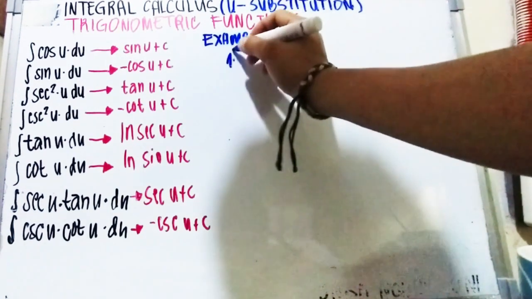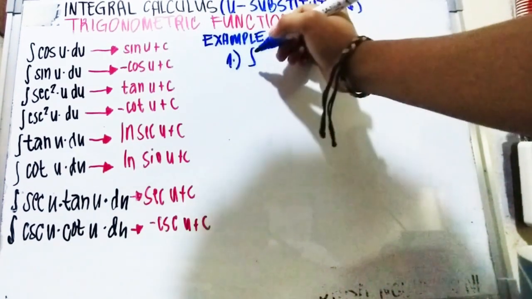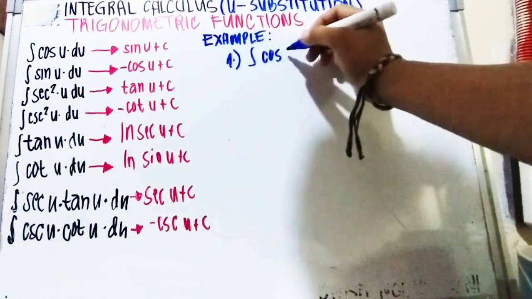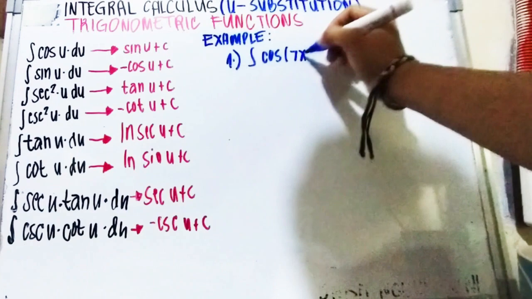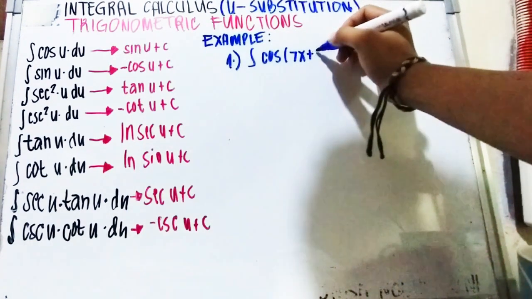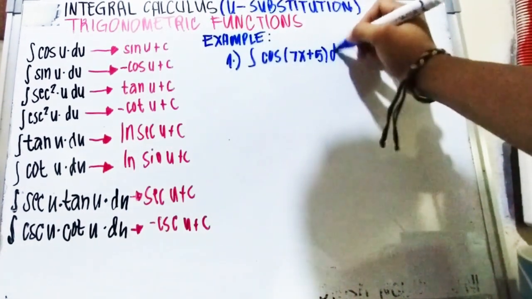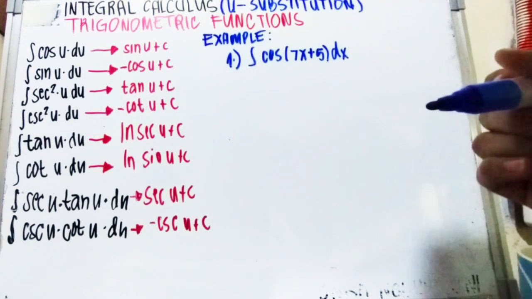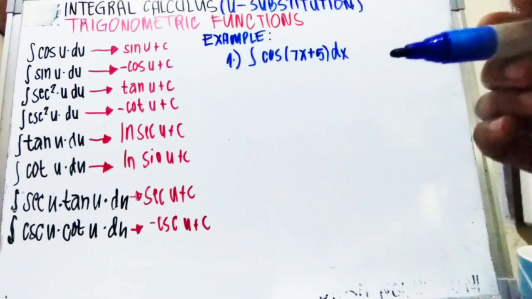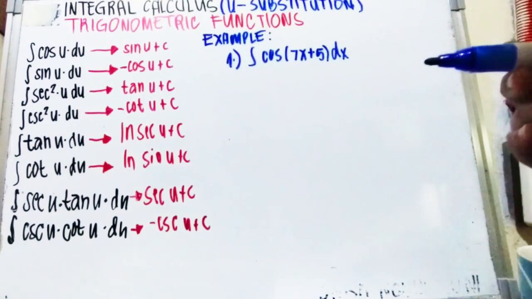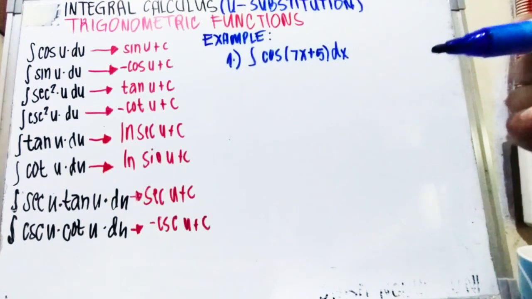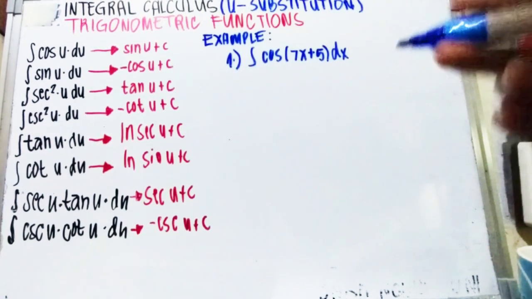So, for our first example, let us integrate cosine of 7x plus 5 dx. Since gagamit tayo ng U-substitution sa pag-integrate ng trigonometric function na ito, again, mag-a-assign tayo ng variable to rewrite our function.